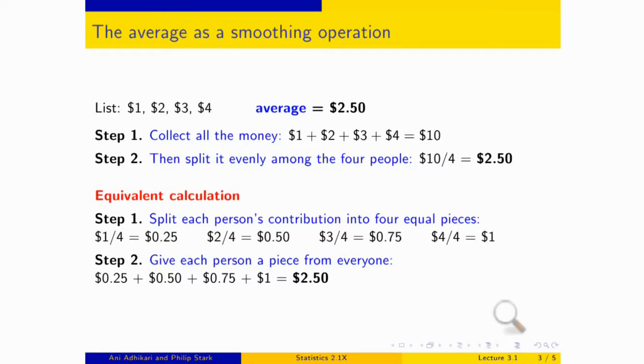You've just found it in another way. And once again, everybody ends up with $2.50. So that's an interesting observation, but it's also quite useful when you are trying to calculate what happens to an average when you mess with the numbers on the list.